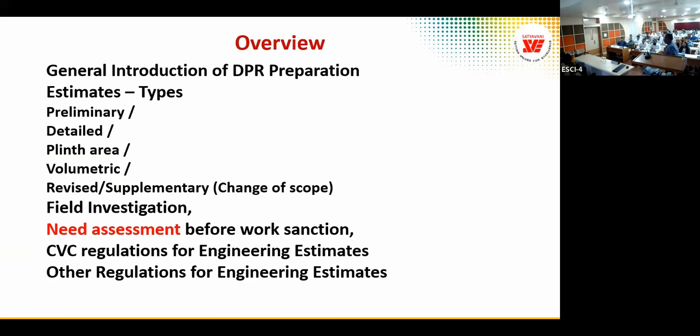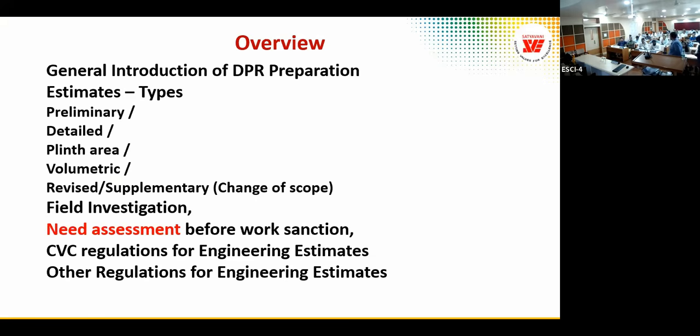The overview of my topic is a general introduction to DPR preparation. Estimates, what are the types of estimates, the stages of estimate that we do: preliminary estimate, detailed estimate, plinth area, volumetric base, and the supplementary estimates wherever there is a change of scope.